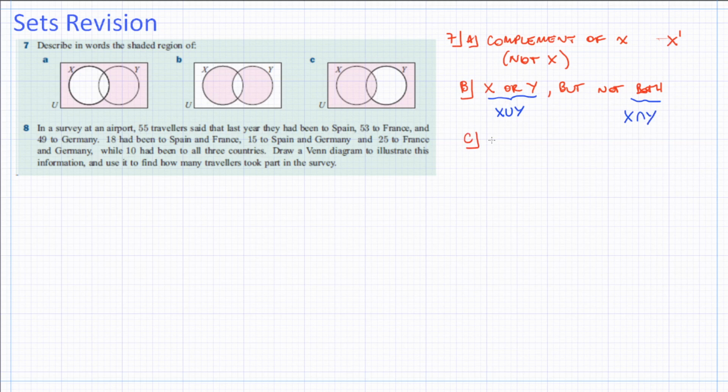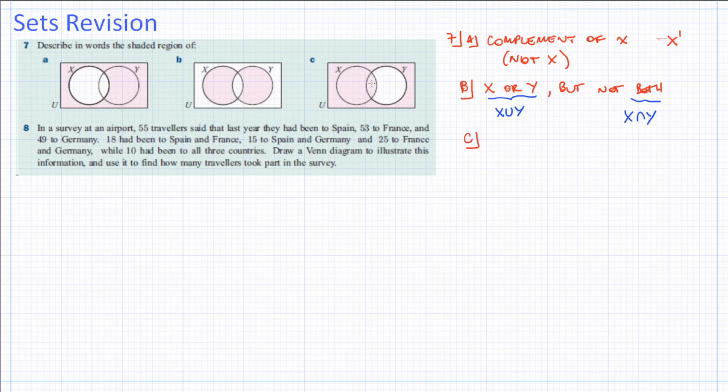Letter C. Now, it's similar to the first one, but with set Y instead. However, I am still taking what is in X. So this is basically the complement of Y plus what's also X right here.